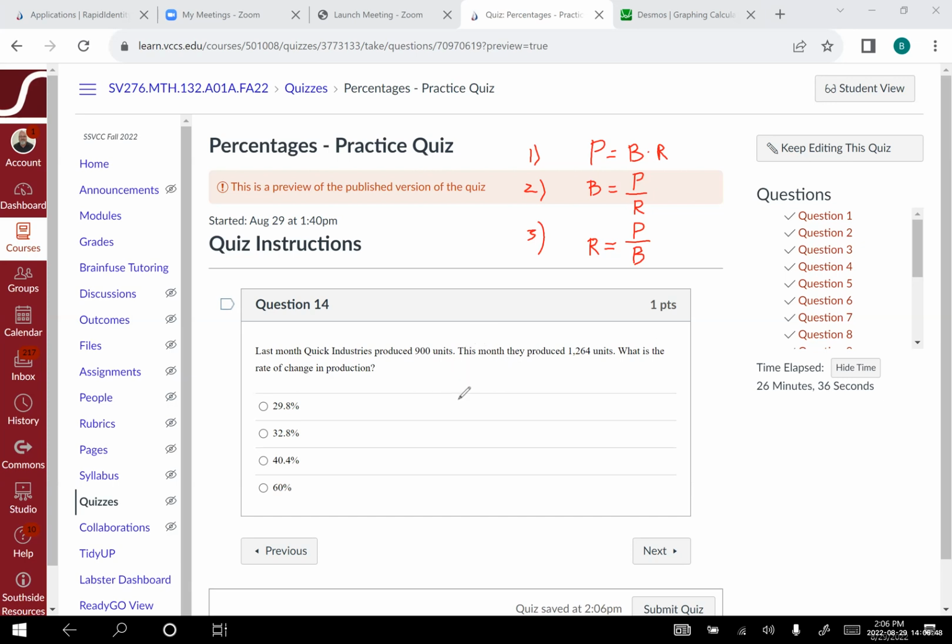If you made 900 units one month, and then 1,264 the next month, how many more did you make? You subtract from the 900, right? Yeah, very good. So you take 1,264, subtract the 900, and that gives us 364.